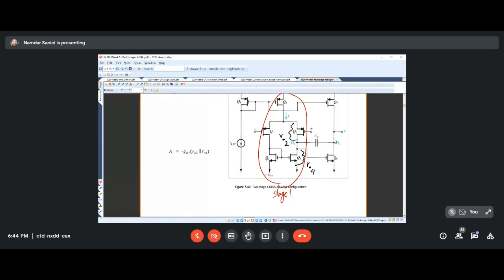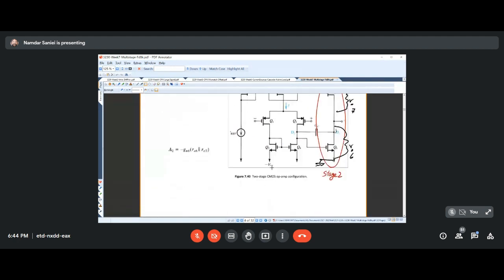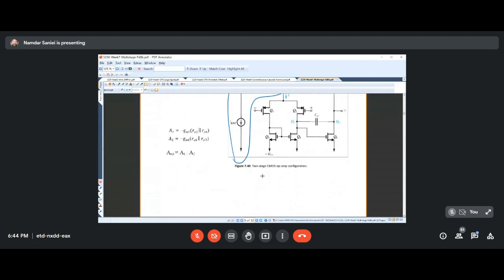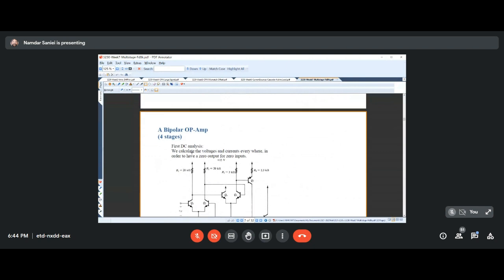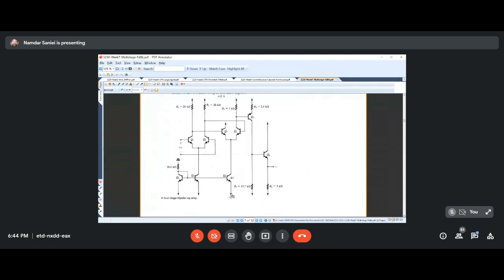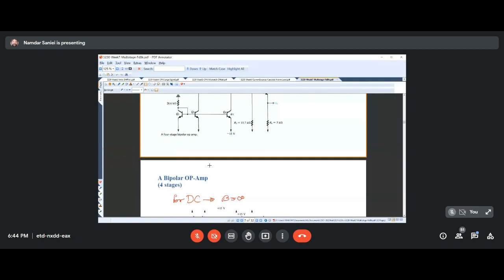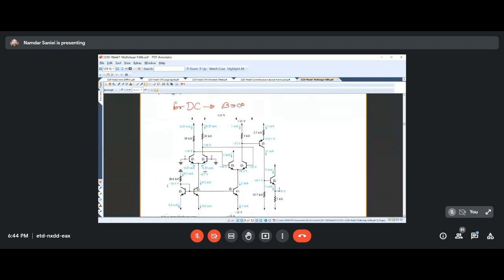So we looked at a two-stage MOS amplifier, which we can skip, and then we came to a nice four-stage BJT amplifier, and we started by DC analysis. We always need to start with DC analysis. Usually in multi-stage amplifiers, for DC, we assume beta is infinite, which means the transistors are in ideal situation.